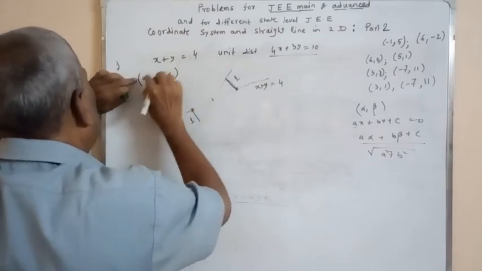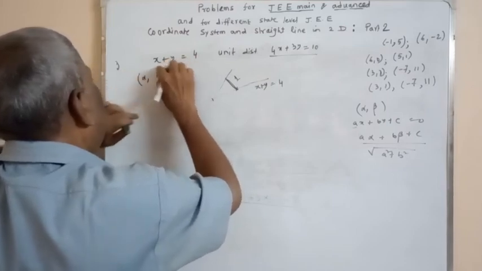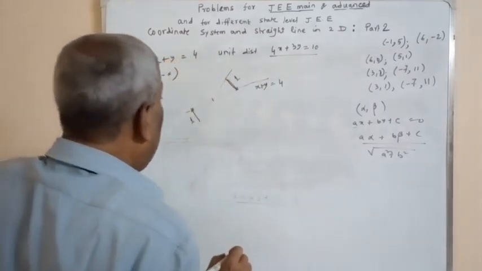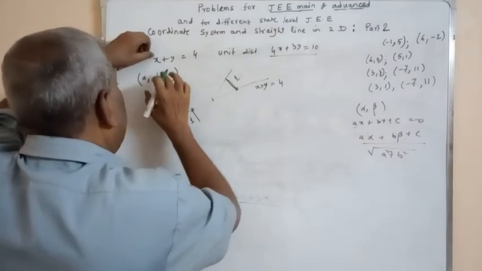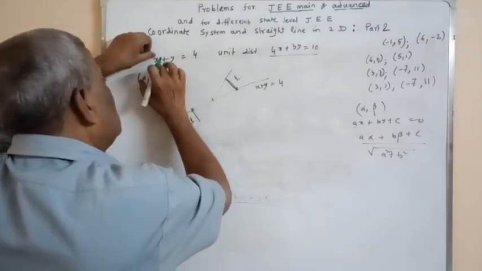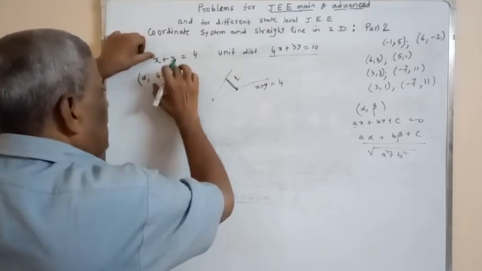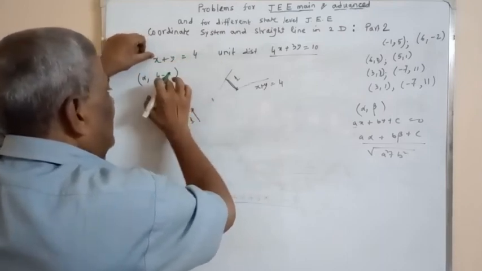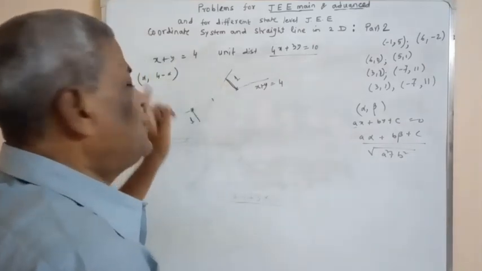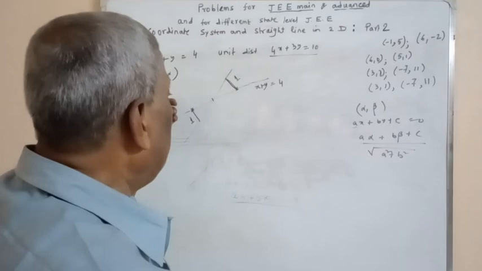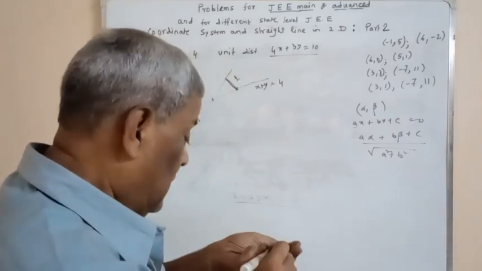You see, if you put x is equal to alpha and y is equal to 4 minus alpha, the equation is satisfied. Take any number alpha as x, so y will be 4 minus alpha. This gives any point on that line.